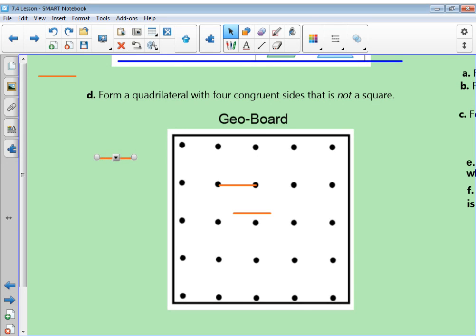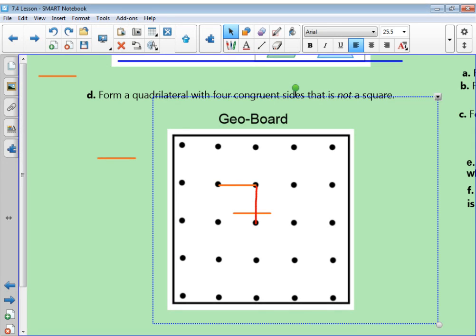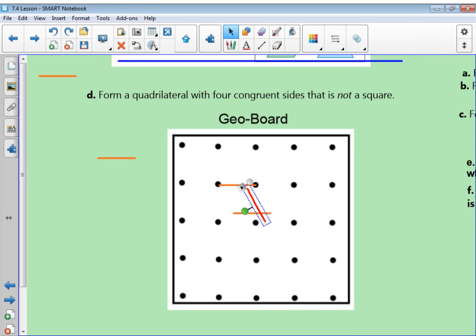This is hard. Let me draw it because my thing will extend. So there's the same length. So I'm going to actually take this and turn it and connect, but I'm doing a different angle. Oops. This is a lot easier on paper and pencil. And I'll make a copy of this one.